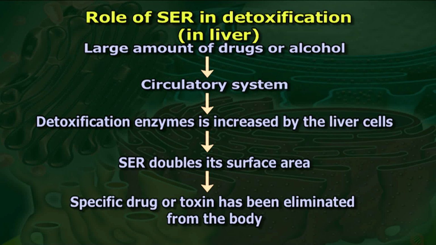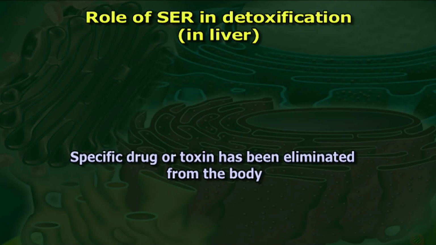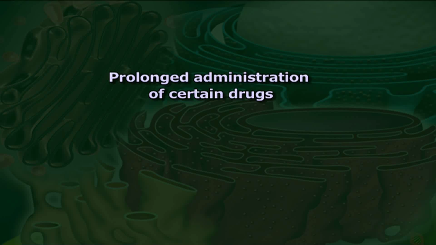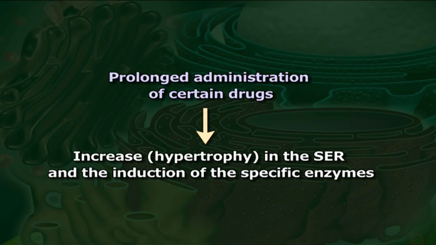Once the specific drug or toxin has been eliminated from the body, the excess SER is destroyed by a process called autophagocytosis. SER is also involved in the detoxification of many endogenous and exogenous compounds. The prolonged administration of certain drugs produces an increase, that is hypertrophy, in the SER and the induction of the specific enzymes.